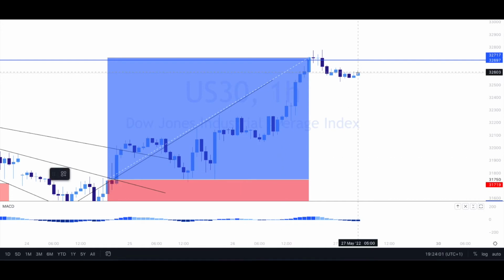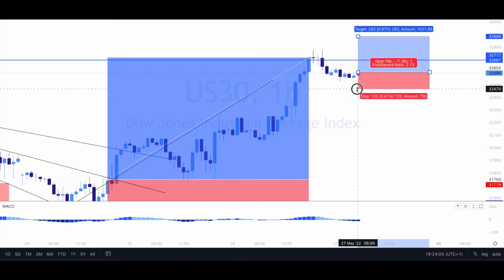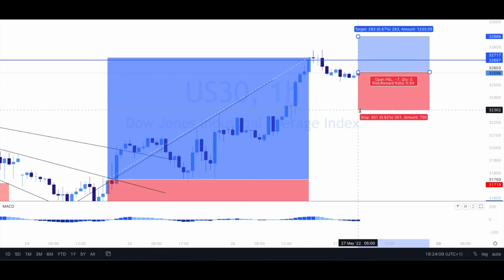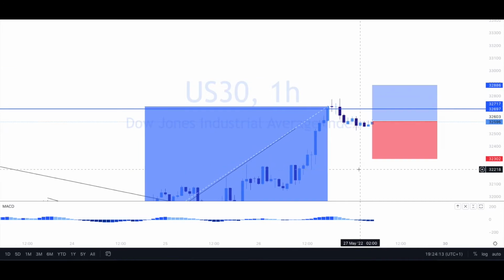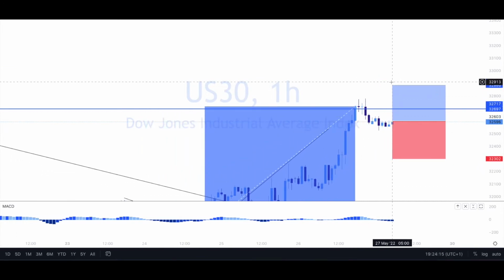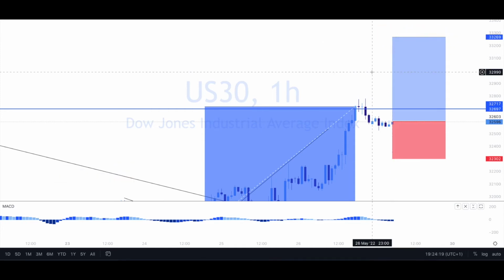We're going to do a market buy, and we're going to do 300 stop. Drag this up a bit to about this level.